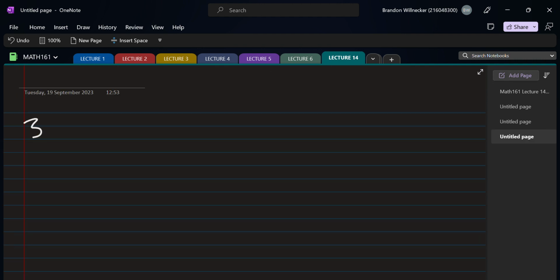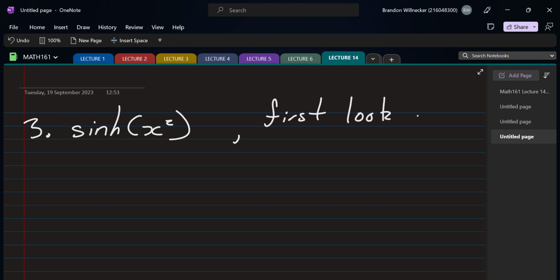Number 3. So here we have sine hyperbolic x squared. Whenever you have these compositions of functions, so on the outside we have sine hyperbolic, on the inside we have x squared, instead of treating it all together, what we can do is first look at sine hyperbolic t.